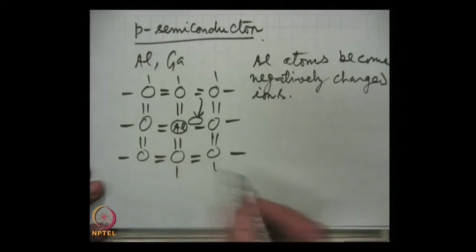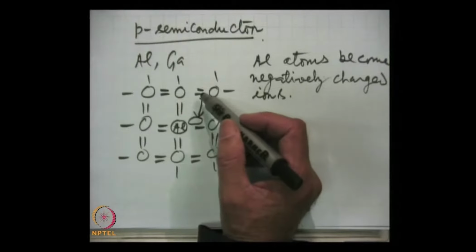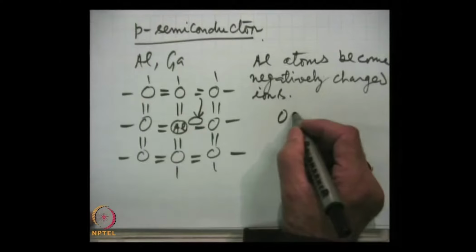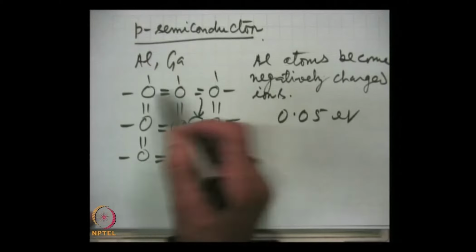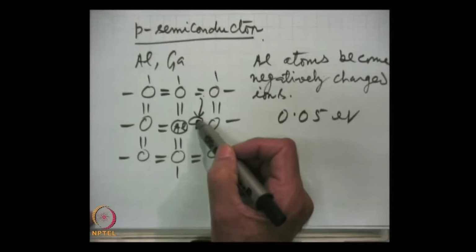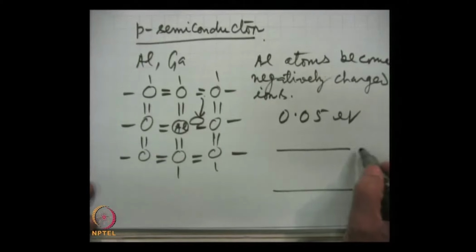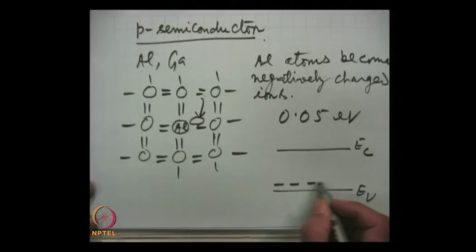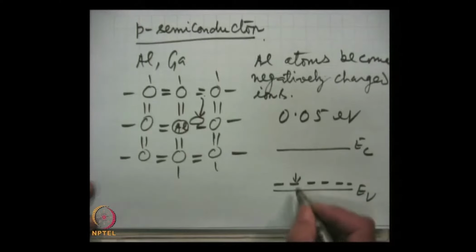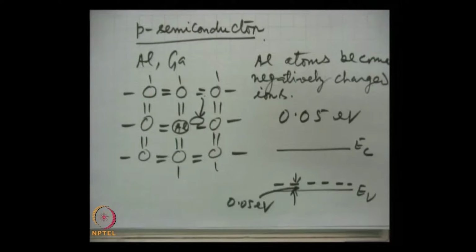and again it will take a very small energy of the order of 0.05 electron volt for these nearby bound electrons to come to this energy state. And so, these energy states are conduction band edge, valence band edge, and here, this energy difference is to the tune of, as I said, 0.05 electron volt or still smaller.